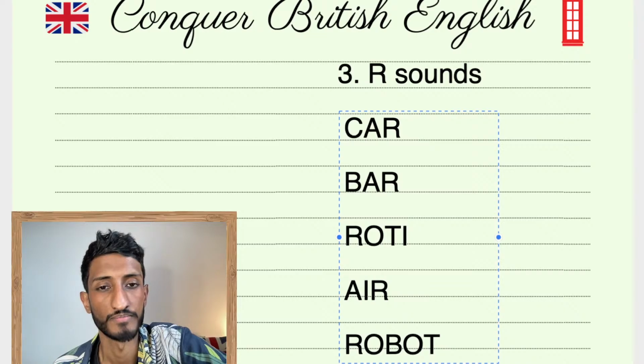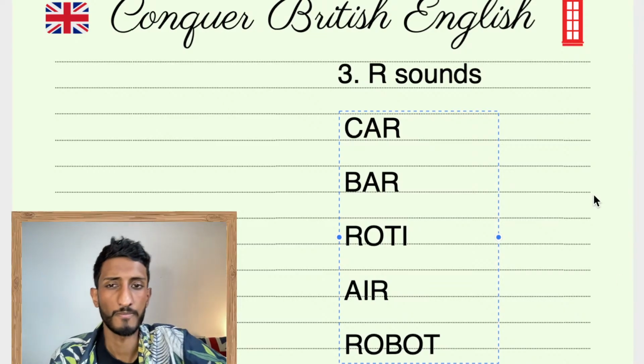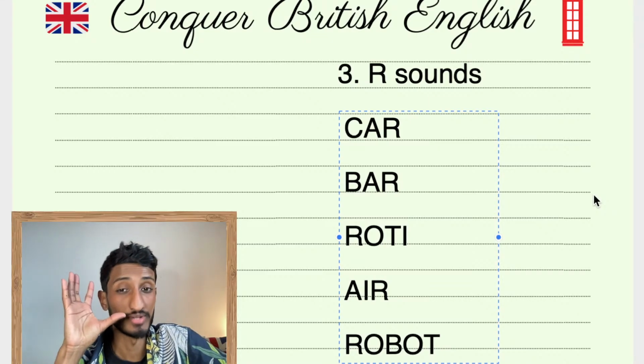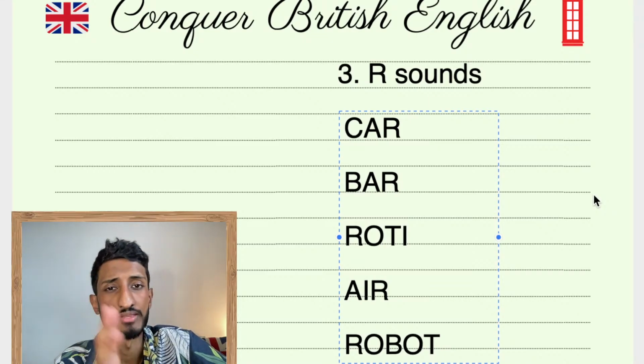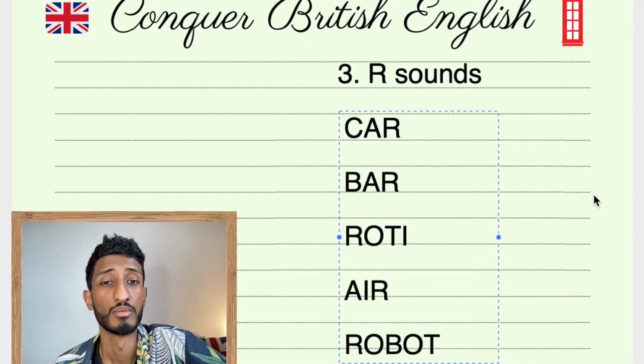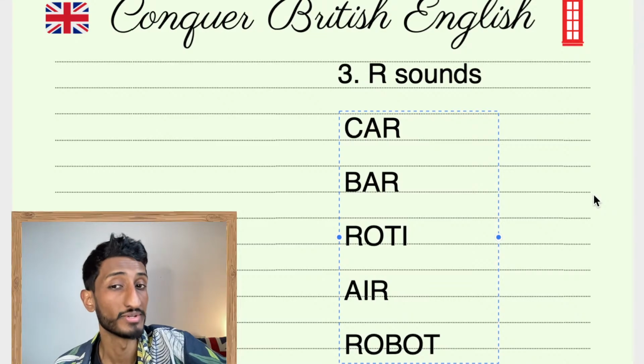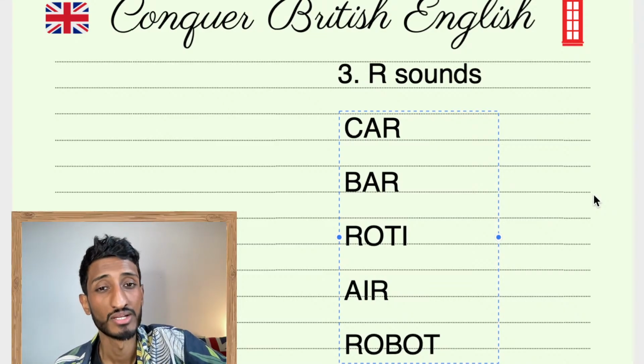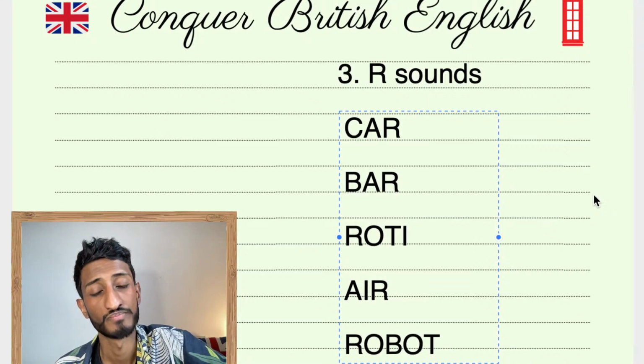So we have car, bar, roti, air, and robot. In the Indian accent, it will be pronounced car, bar, roti, air, robot.